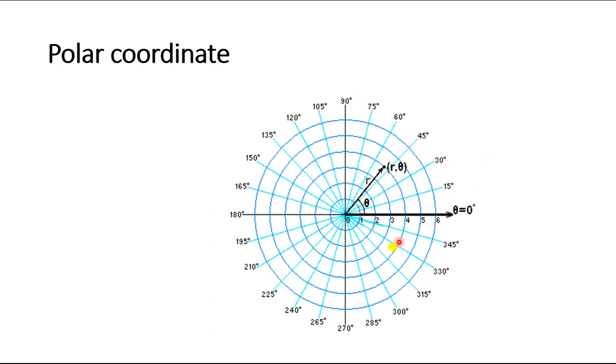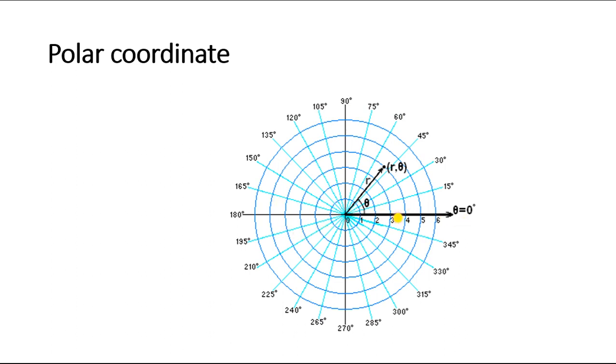Repeat. In polar coordinates, there is only theta and r. Theta is a line: theta 0, theta 15, theta 30, theta 45, theta 60, theta 75, theta 90, and so on.